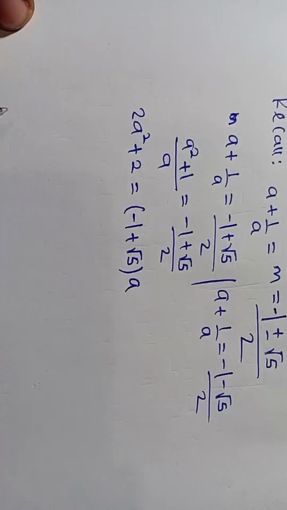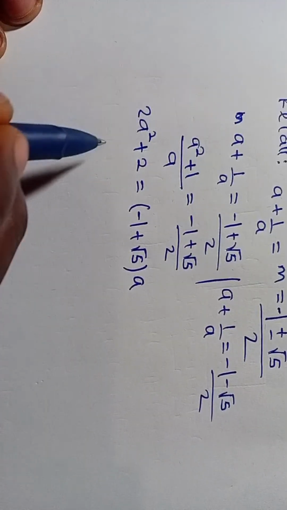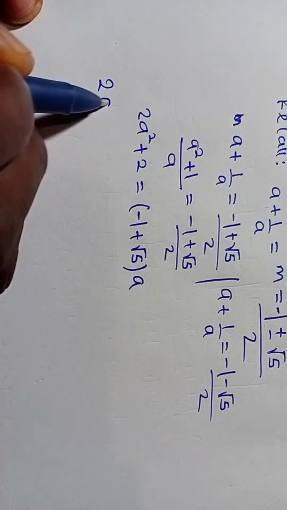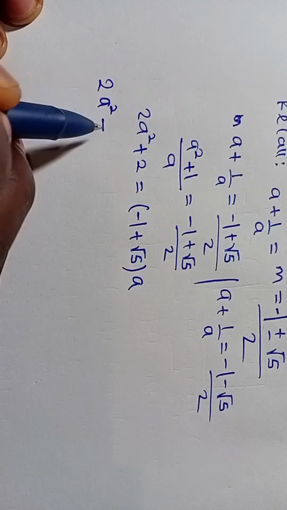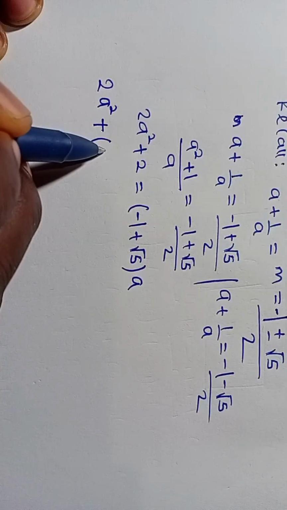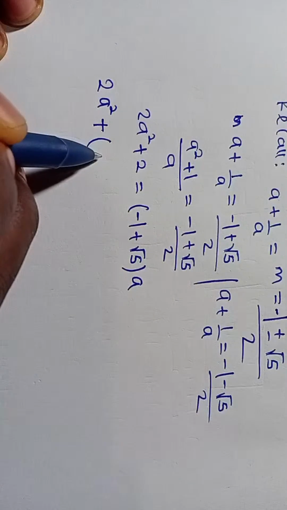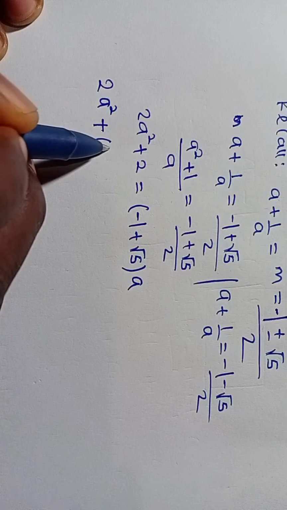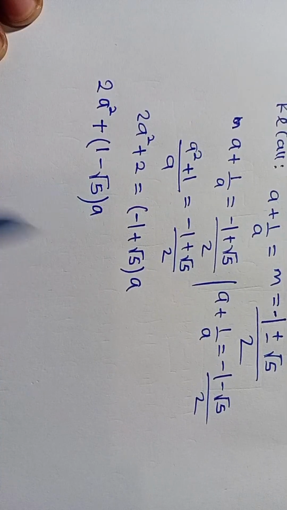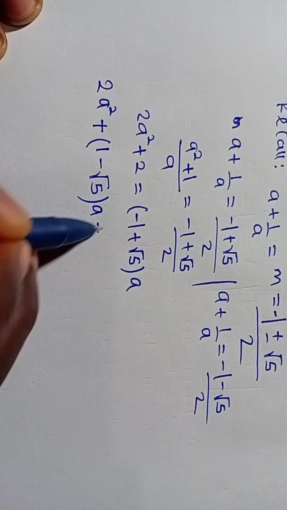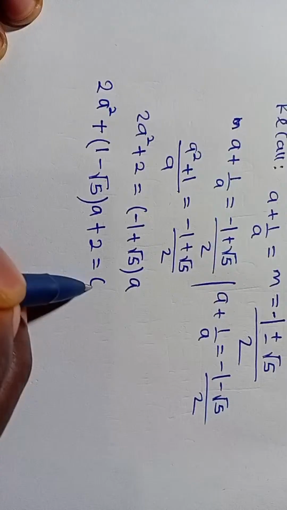Now, from here, we have 2a squared plus 1 minus root 5 a plus 2 equals 0.